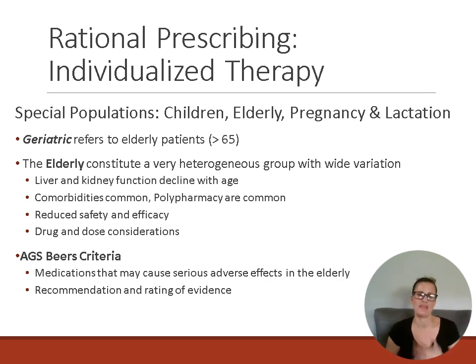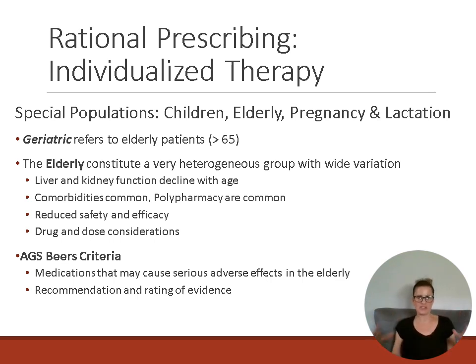So the thing about treating elderly patients or geriatric patients is that older adults constitute a very heterogeneous group. Not all 65-year-olds are the same. Not all 75-year-olds are the same.